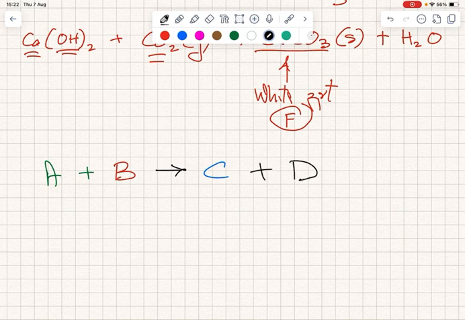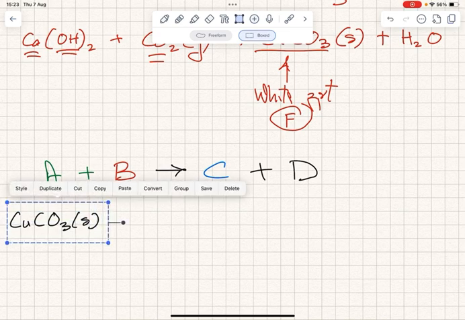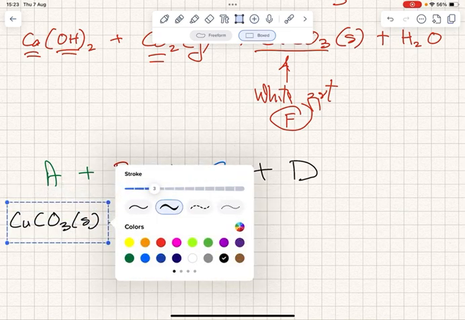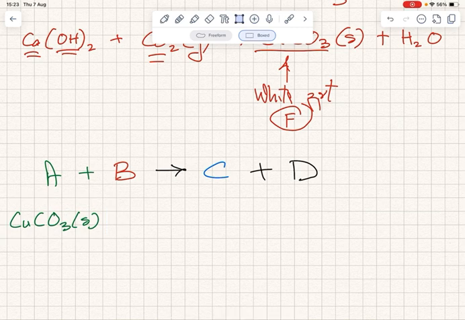In chemical equation, okay, let's write the chemical equations. A is copper carbonate, right? CuCO3, in solid. Okay, I think it's better that I put this in green. You know why? Because that will be very friendly for my brain. I will be able to remember that copper carbonate is green solid.